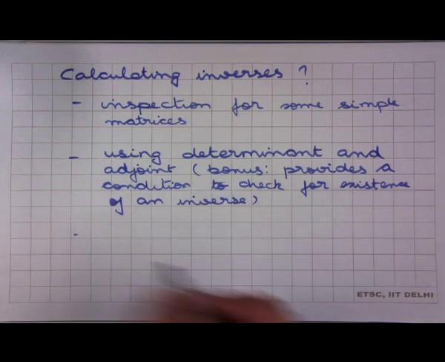There are perhaps other ways also, and just to complete this subject, I wanted to present a simple example. If you have a matrix A which satisfies a polynomial equation, in some cases that can also be used to calculate the inverse.